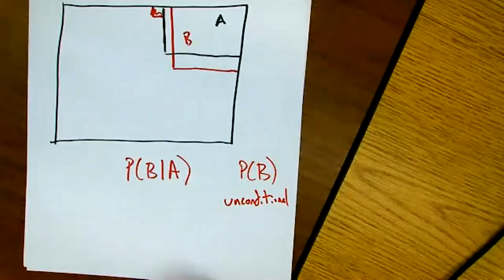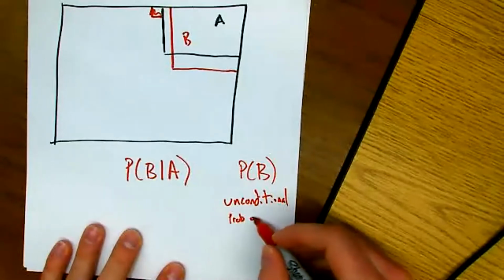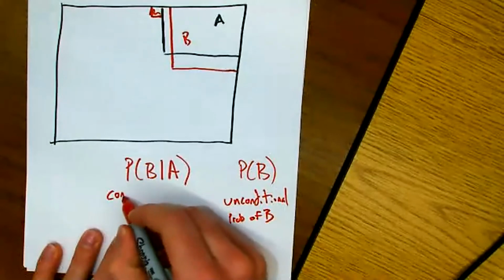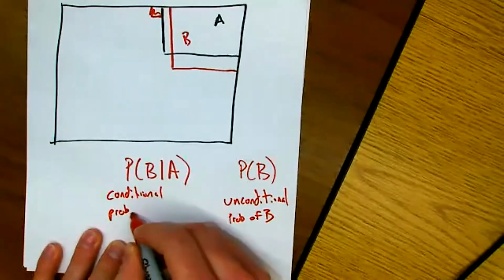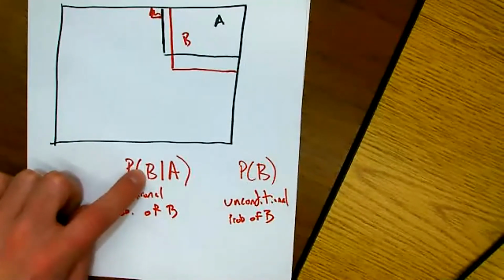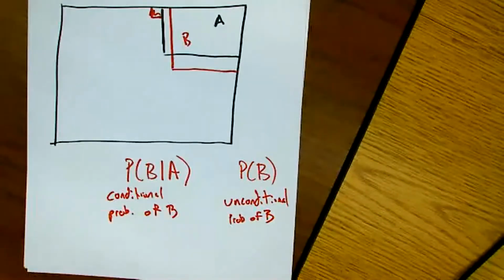So here we have the unconditional probability of B, and here we have the conditional probability of B. We're still looking for the probability of B, it's just that we've conditioned on something else.